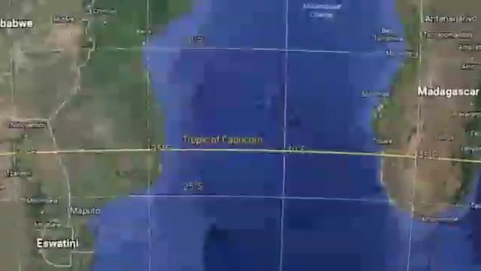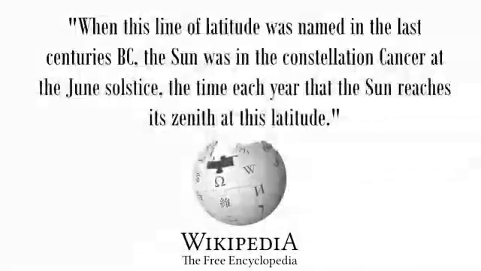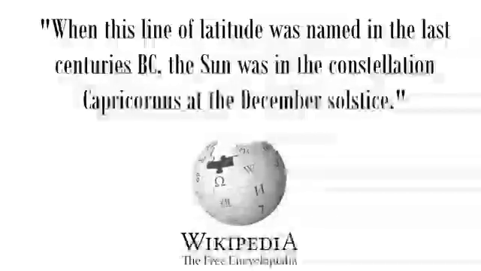But why? As Wikipedia states, when this line of latitude was named in the last centuries BC, the sun was in the constellation Cancer at the June solstice, the time each year that the sun reaches its zenith at this latitude. Similarly, when the Tropic of Capricorn was named, the sun was in the constellation of Capricorn at the December solstice.